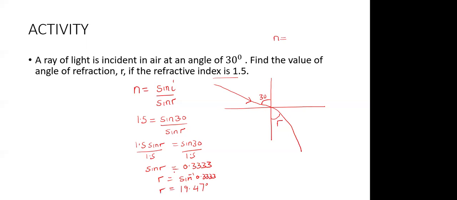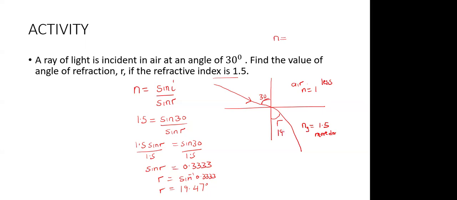But now what do I want you to notice? That light was coming from air, whose refractive index is 1, and light is entering into a medium whose refractive index is 1.5. We know that 1.5 is the refractive index of glass; that one, at least, you should know. Meaning that air is a less dense medium and glass is a more dense medium. So the angle of incidence must always be bigger than the angle of refraction.